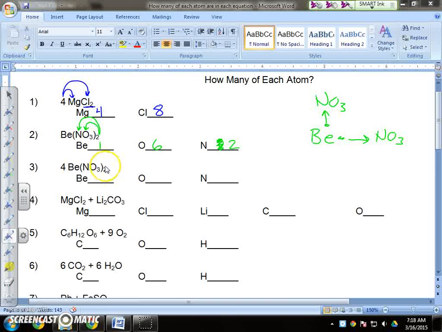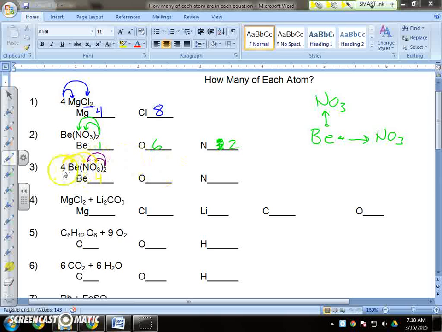In terms of this 2, it does the exact same thing as the last problem. If I've got 4 Be(NO3)2, this 2 distributes inside the parentheses, but it stops at the parentheses. This 4, however, distributes to everything until you get to a plus sign. So it's going to go to the Be, the N, and the O. So I've got 4 Be's.